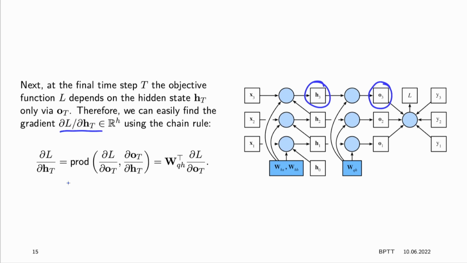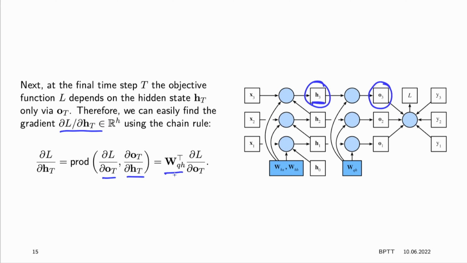So this becomes the product ∂L/∂O_T times ∂O_T/∂H_T. Again, because O_T is computed as a linear function of H_T, we get back the weights of this linear function as the gradient, for our simplified linear neural network.